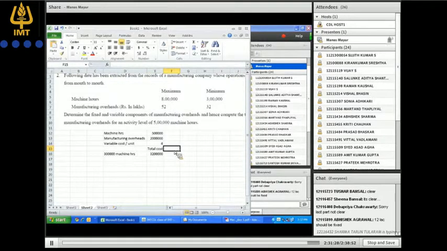Your variable cost, as you have already calculated, is 4 rupees per unit. So if it is 4 rupees for 1 machine hour, how much is the variable cost for 3 lakh? This will be your variable cost. Now how can you calculate fixed cost? This will be simply this minus this. Is it clear now?